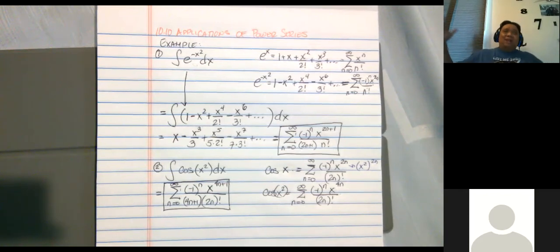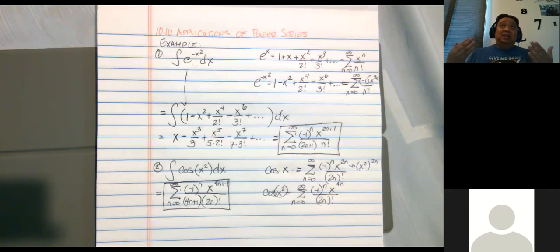You don't want to have infinite terms. You want to use a finite number of terms to approximate your function. So now the question is, how far do you go? How many terms do you use for your polynomial to approximate your function? That will depend on how much error you want to have in your approximation.